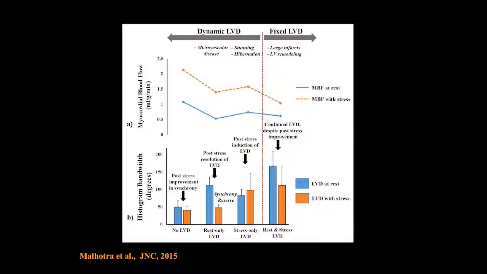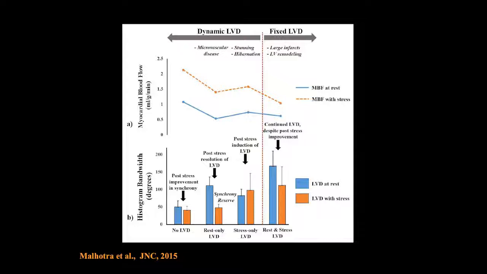There is a group of patients who have microvessel disease in whom there is resolution of dysynchrony with stress. So there could be a component of what we call a synchrony reserve: your myocardium is dysynchronous at rest because of microvessel disease or something similar, but when you vasodilate these patients, maybe there is improvement in synchrony in some patients. That may be the reason why some of the EFs actually improve with vasodilator stress.